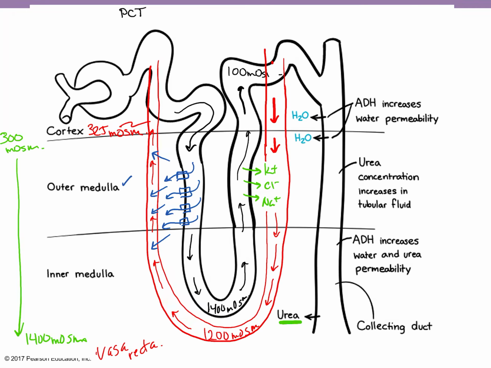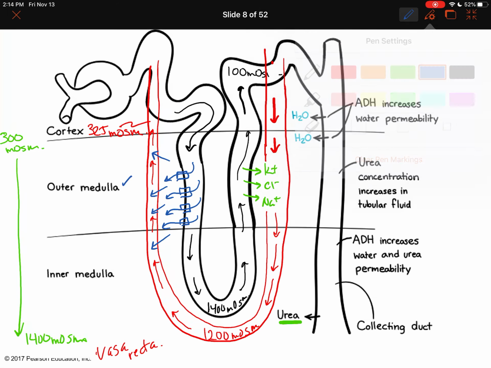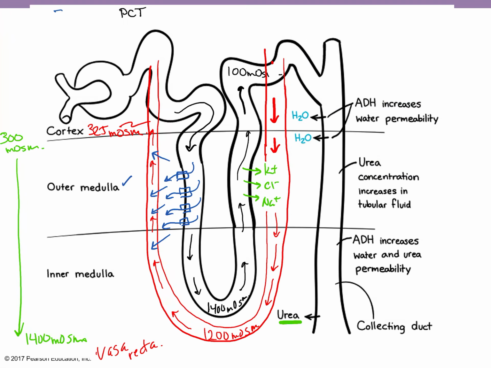I'll use blue for water here. So 70% of our water is reabsorbed at the PCT. This is in an unregulated manner. Unregulated means that there's no hormone necessary for the water to move back into the bloodstream.